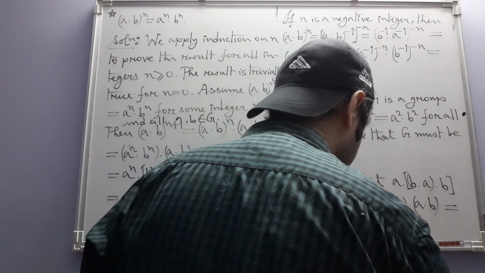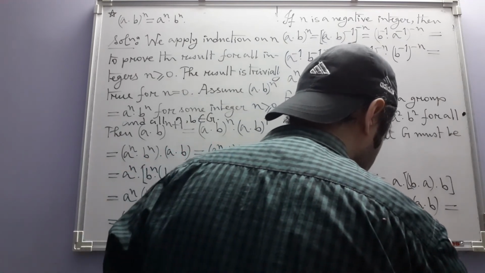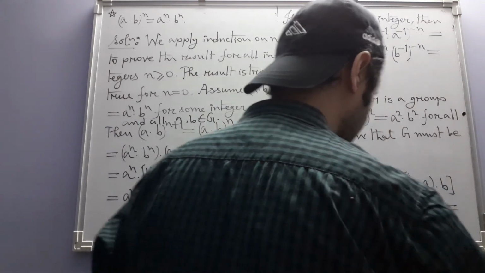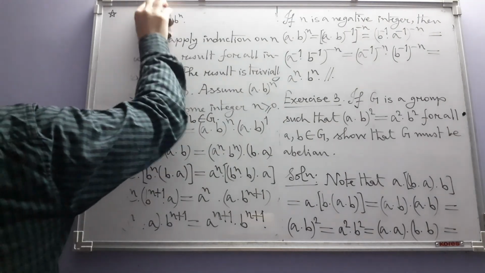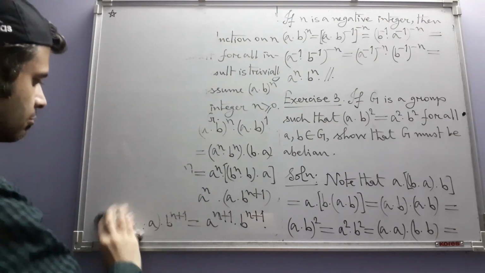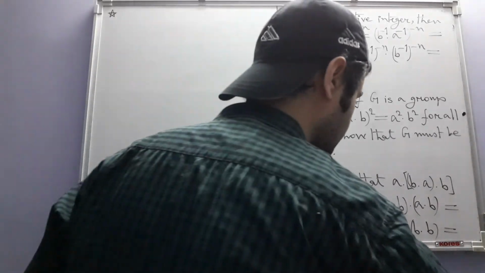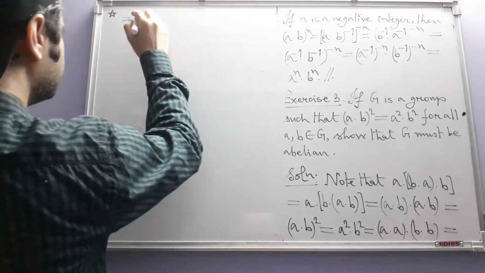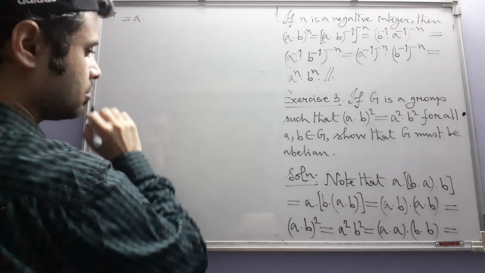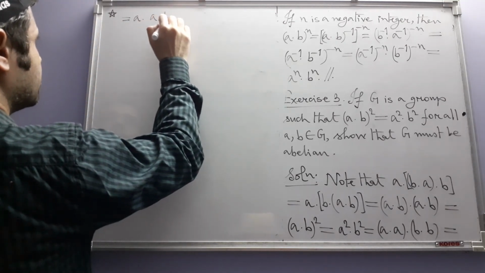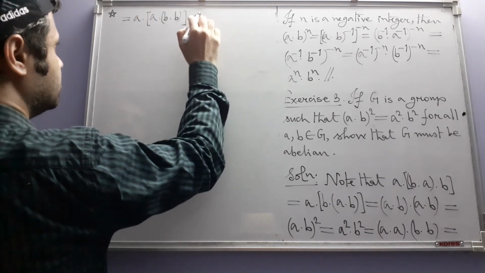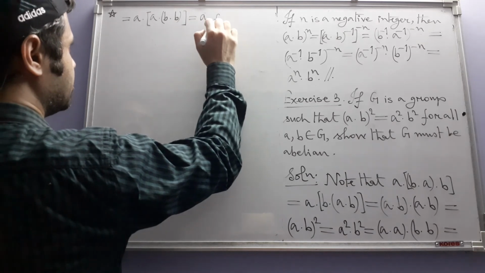Now a square can be written as a dot a and b square can be written as b dot b, and this will be equal to, again we apply associative law, a dot b dot b. We apply it once and then inside we apply it once more.